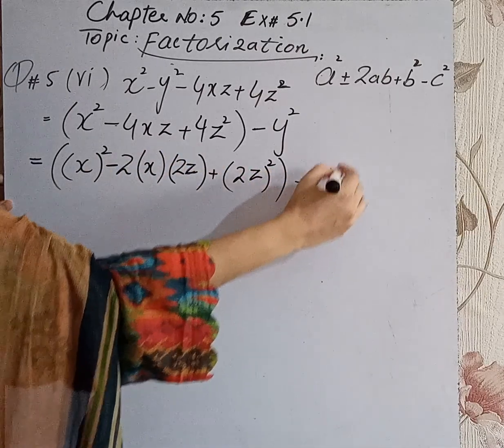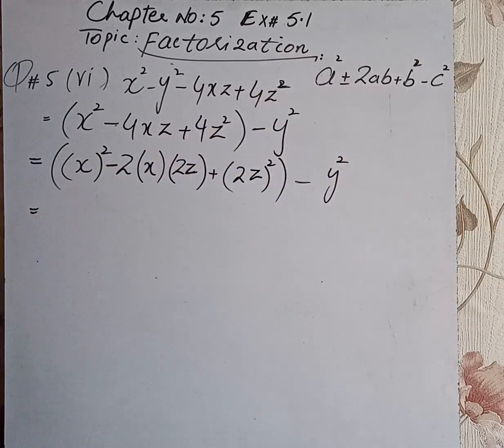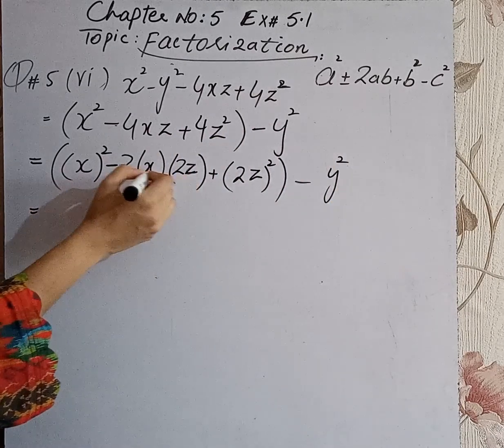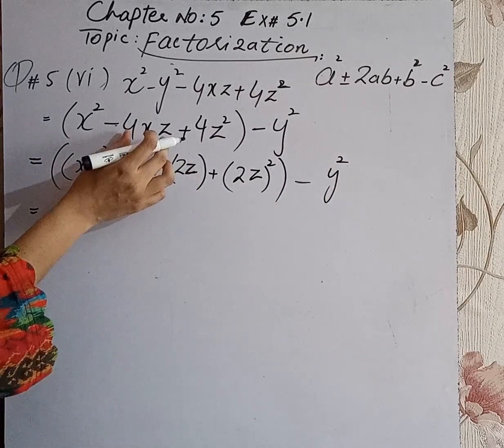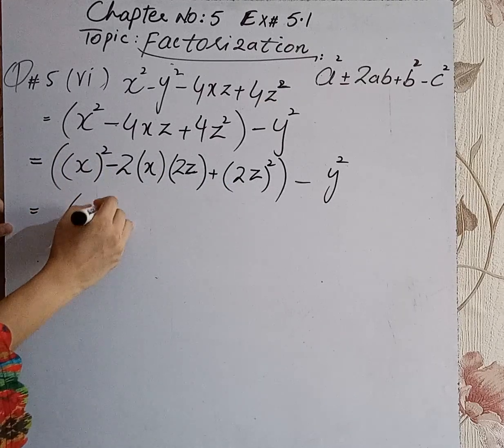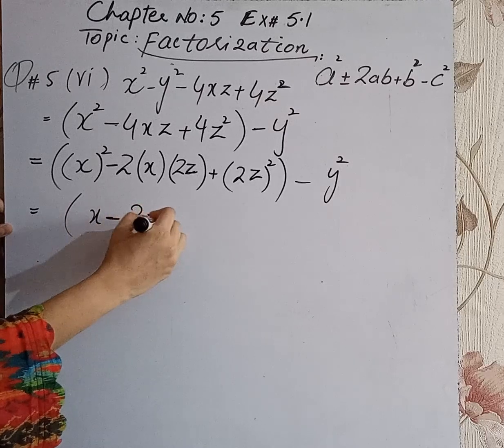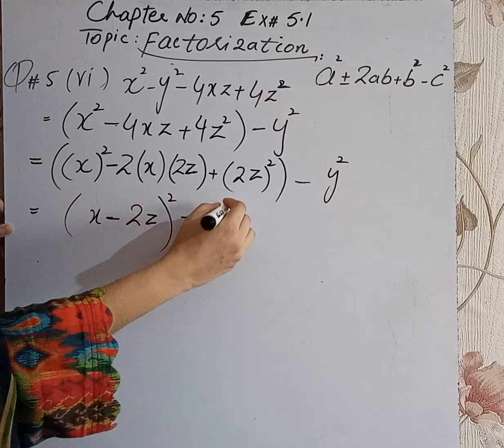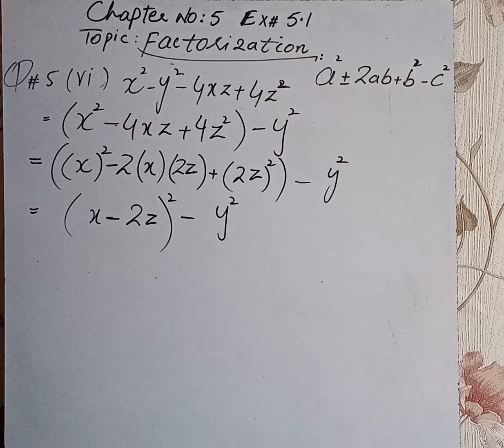So minus y square I will write as it is. You can check from here 2 times 2 times x z gives 4xz. It means this is the formula of a minus b whole squares. So a is here x, b is here 2z. And the plus or minus you judge from this sign. If this is minus, x minus 2z whole squares minus y squares.